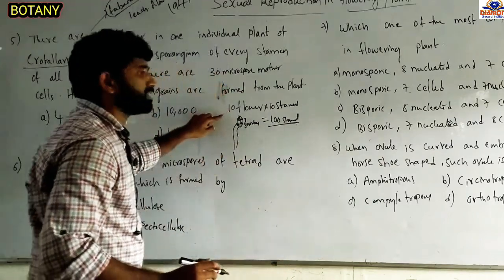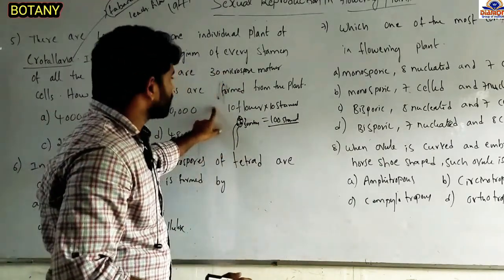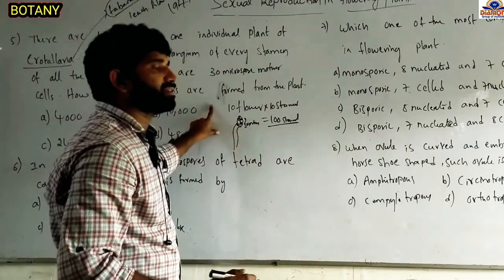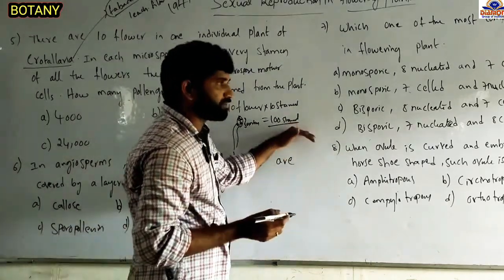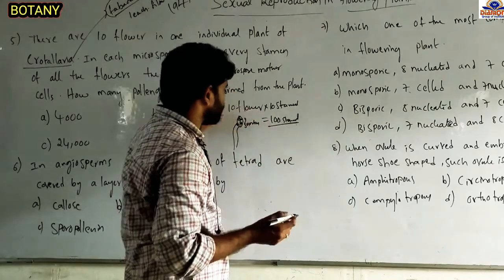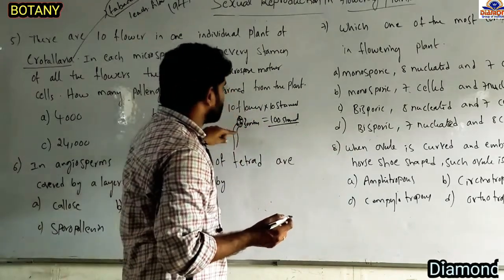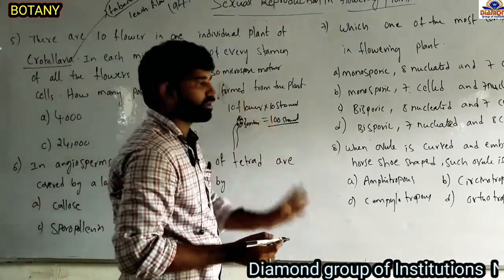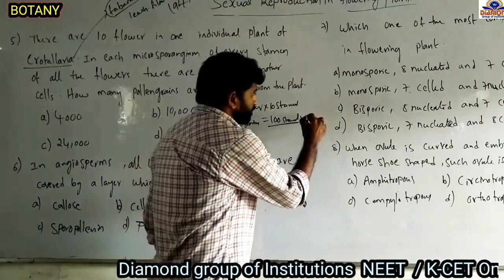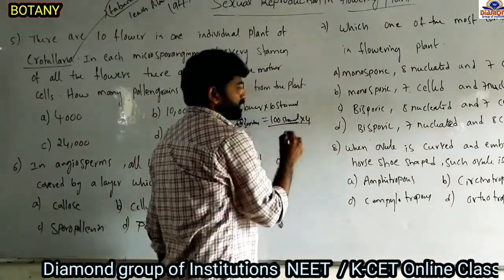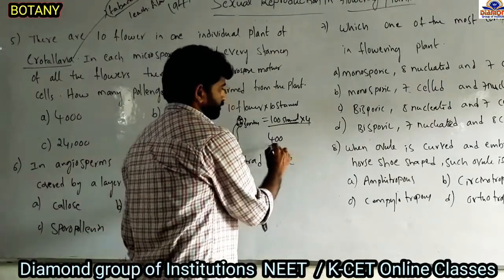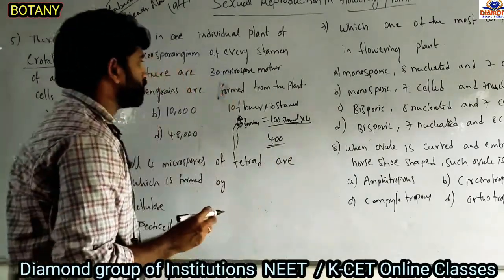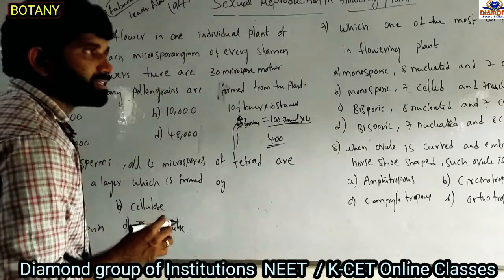All belong to the dithecous anther. So these 100 stamens contain dithecous anthers, and each theca contains 2 pollen sacs. So each anther contains 4 pollen sacs. So 100 stamens into 4: the total number of pollen sacs is 400.